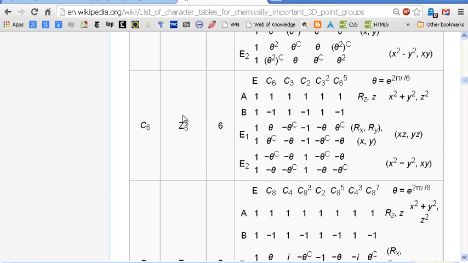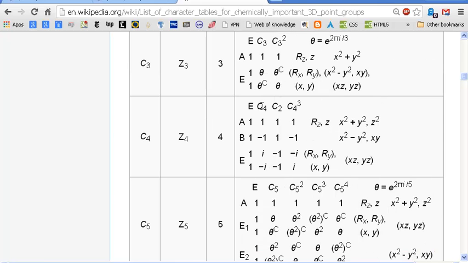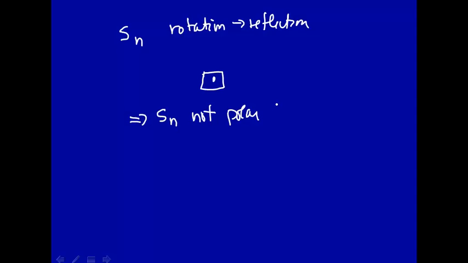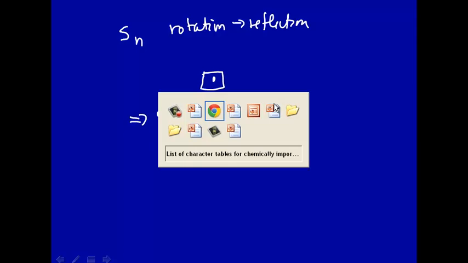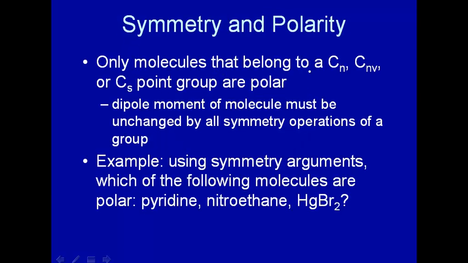Well, for these C6, or C3 and so on, you have at least two classes of rotation, etc. If you go through all the character tables, what you end up with is this statement: only molecules that belong to a Cn, Cnv, or Cs point group are polar. The dipole moment of the molecule must be unchanged by all symmetry operations of the group.